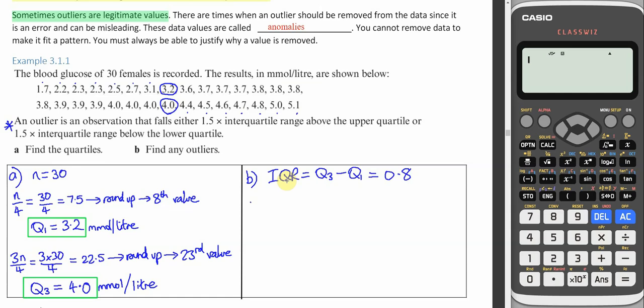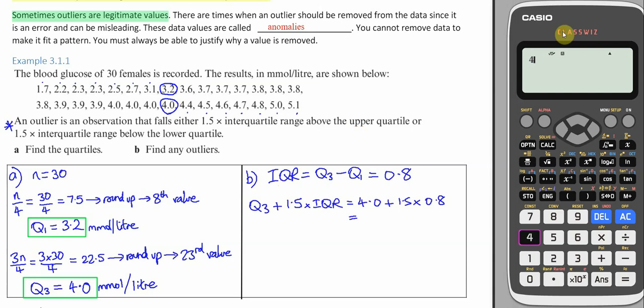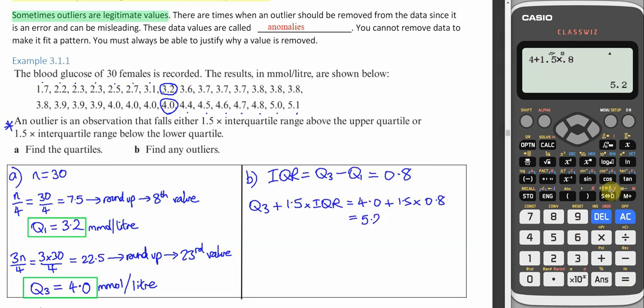Now the upper quartile plus 1.5 times interquartile range is 4.0 plus 1.5 times 0.8, which is 5.2. So any number bigger than that counts as an outlier. Let's find the other limit now.